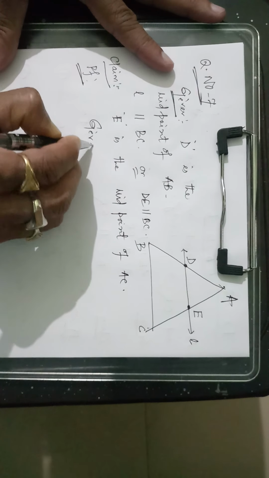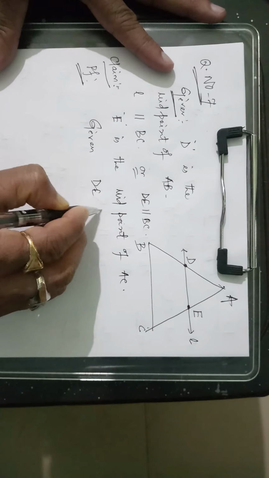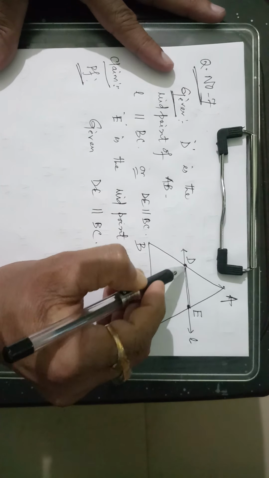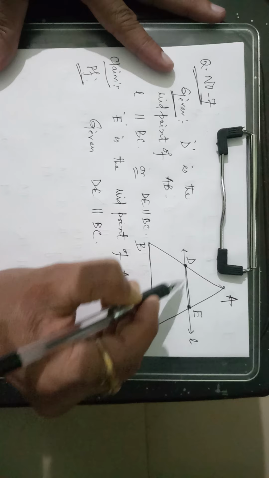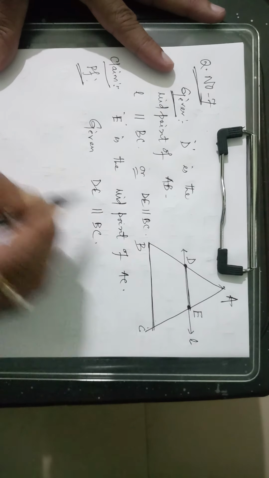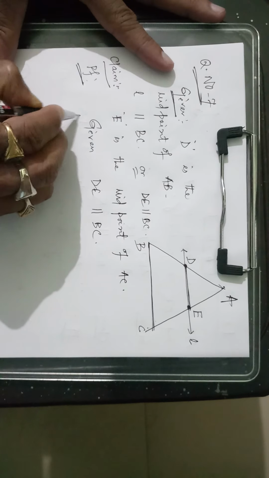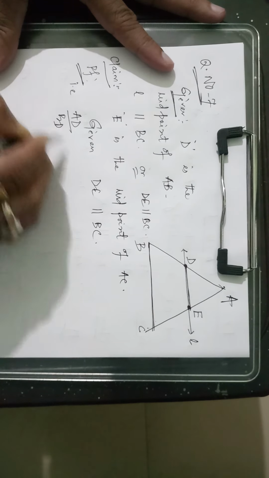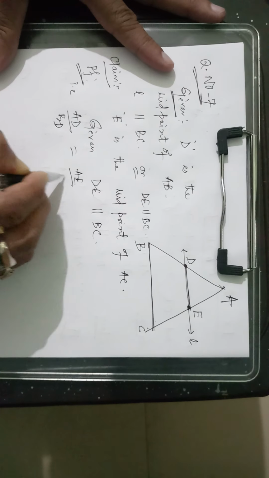Given DE parallel to BC, the same situation, students. When the line is parallel to the third side, then you can apply theorem 6.1, that is the basic proportionality theorem, that is AD by BD equal to AE by CE.